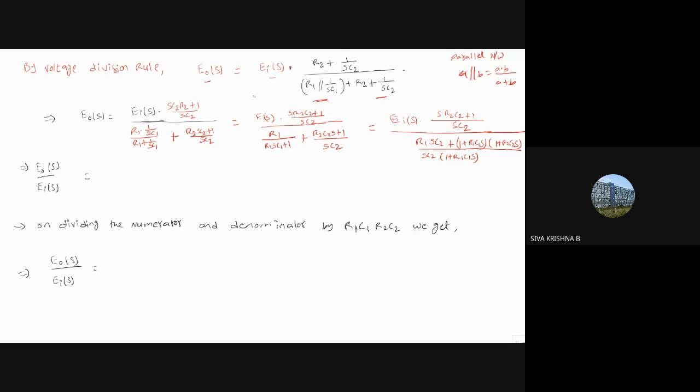Take this A of S to this side. This SC2 and SC2 get cancelled. This denominator and this denominator cancel, and take this to the upside. It is in the denominator, so if you reverse that, it will come to the numerator.